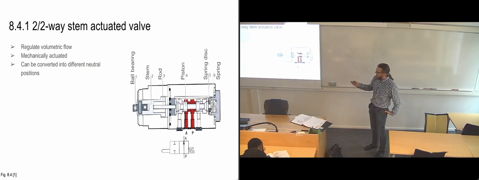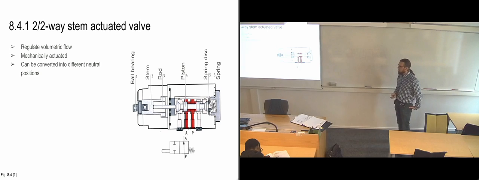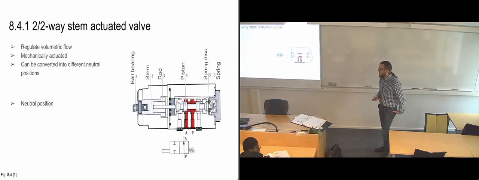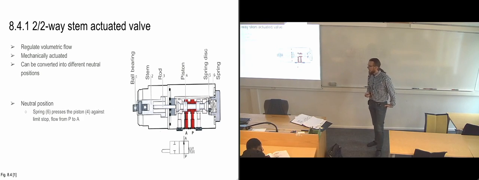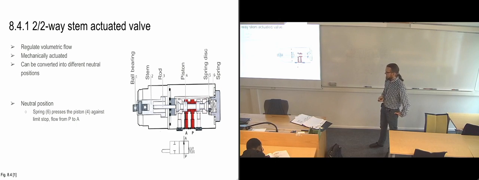And this would be the symbol for it. In this case, it is normally open, it normally has pressure between the pump and the components. So that's the neutral position. And then it's the spring that's pressing the piston all the way to the end.